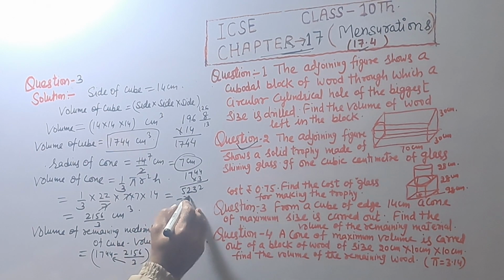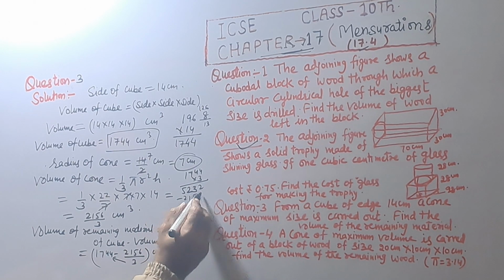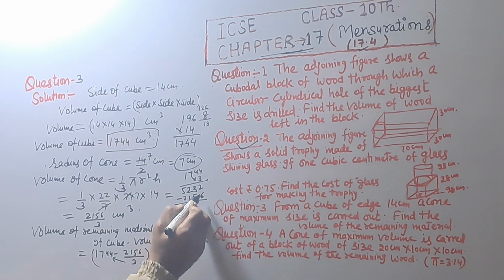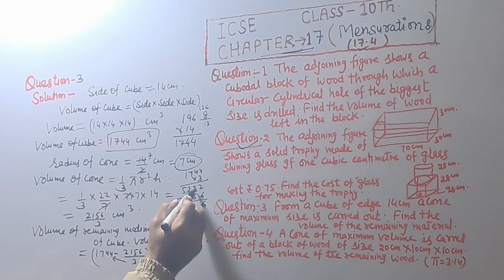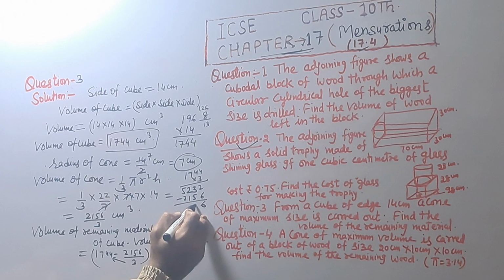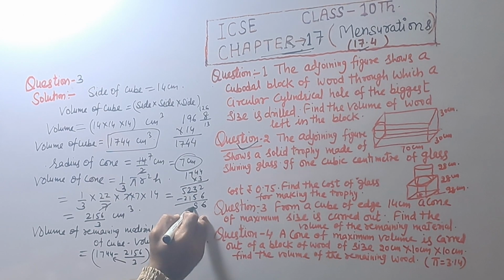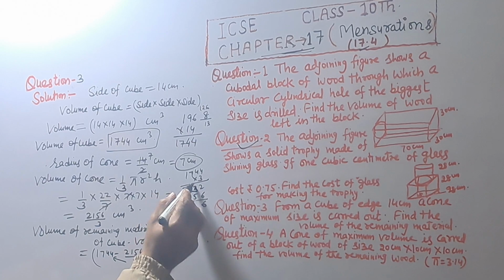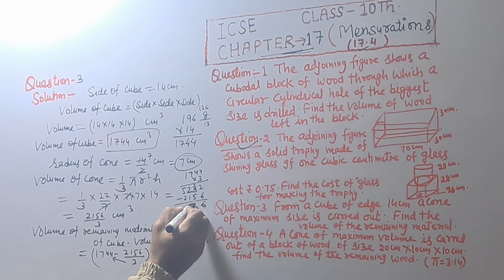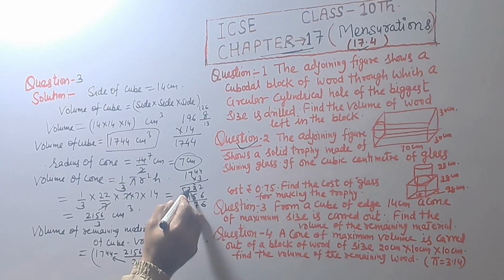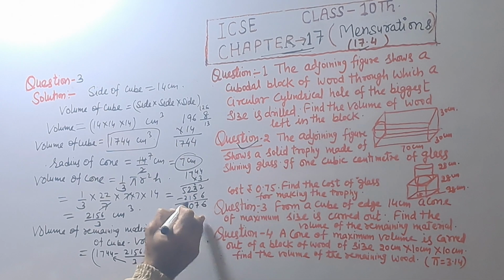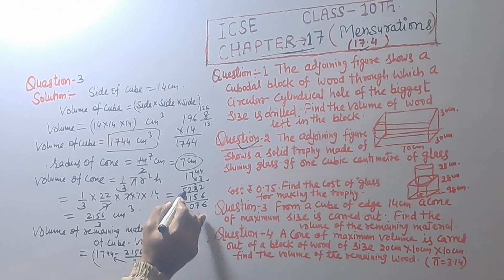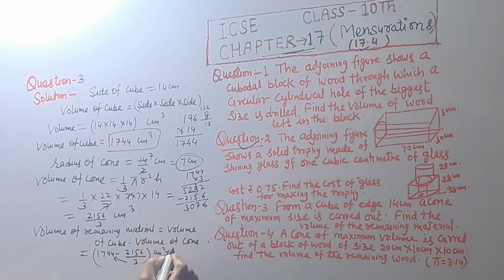Minus 2156. 12 minus 5 is 7, and 1 minus 1 is 0.